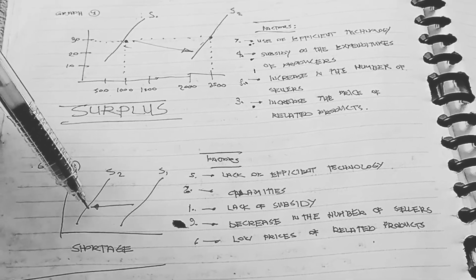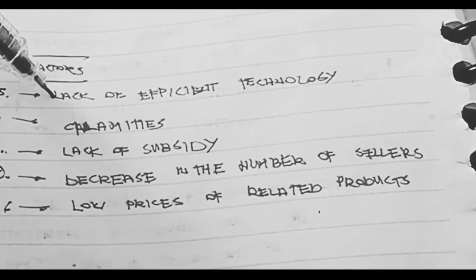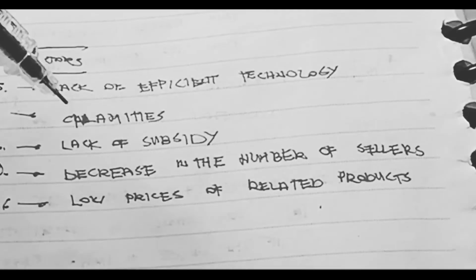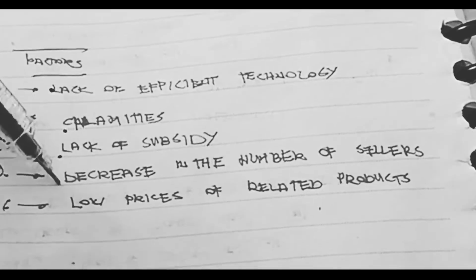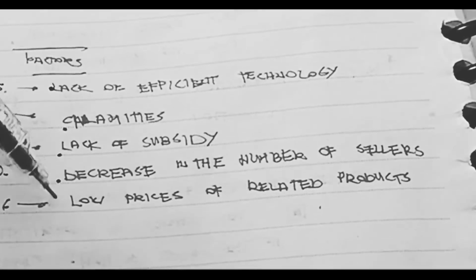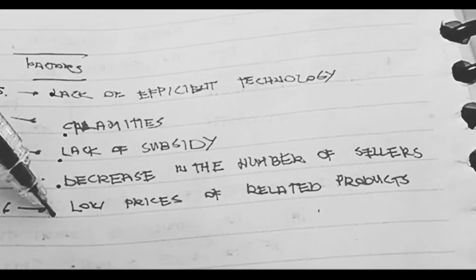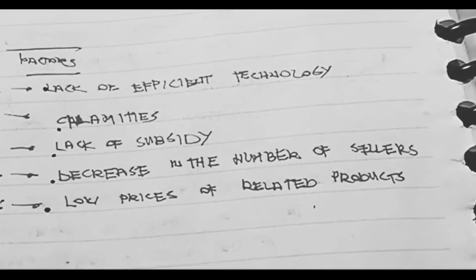What are the primary factors? Lack of efficient technology, so no modern technology is used. There are calamities, lack of subsidy, decrease in the number of sellers, and low prices of related products. And that is the main point.